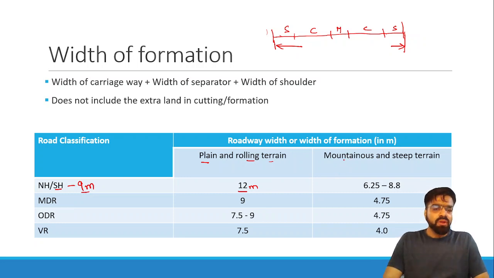Similarly, for mountainous and steep terrain, the width can be 6.25 meters to 8.8 meters: 6.25 meters for a single lane and 8.8 meters for dual lane. Then for MDRs and ODRs, the values are given. The most important value is 12 meters.